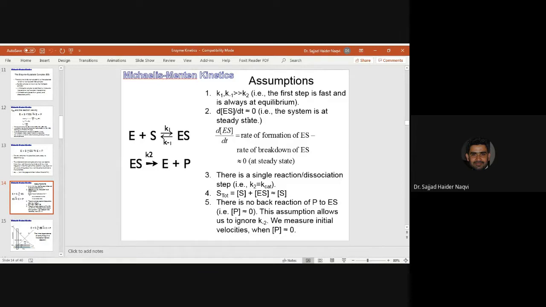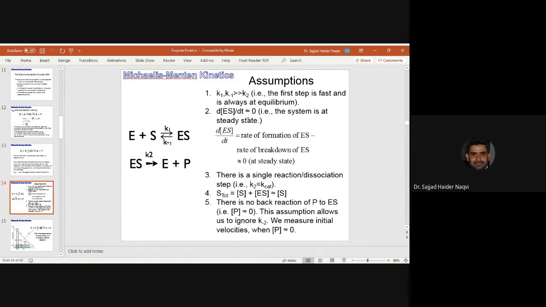The second assumption is that the change in the enzyme substrate concentration with respect to time is approximately zero. That is what I call the equilibrium, that is, the system is at steady state. That means as soon as the enzyme substrate complex is formed, it is transformed into enzyme and product, or back to enzyme and substrate.